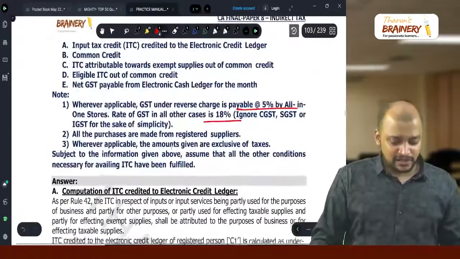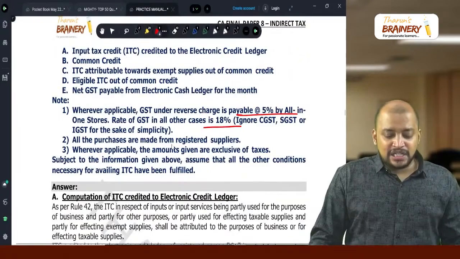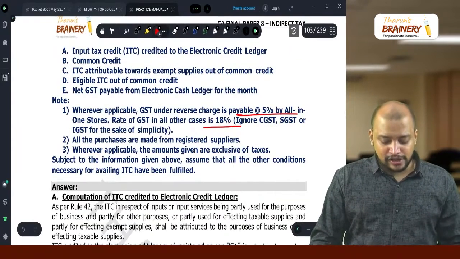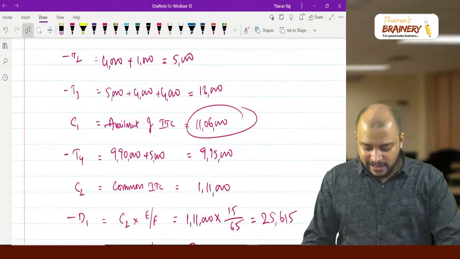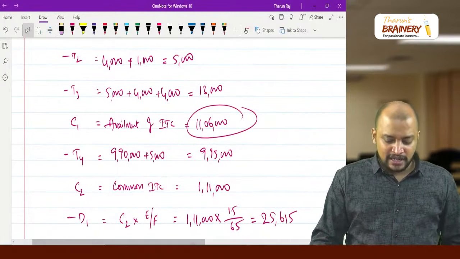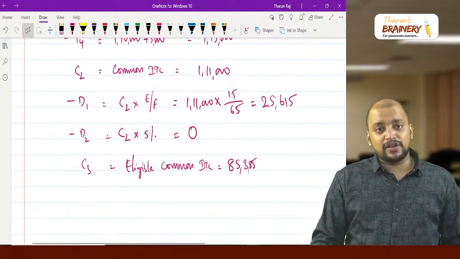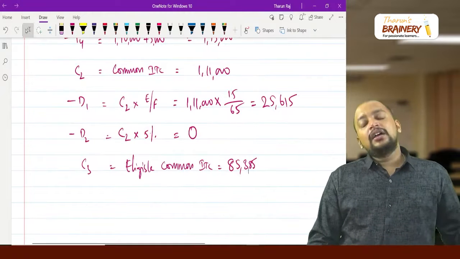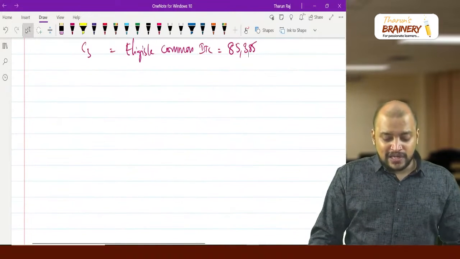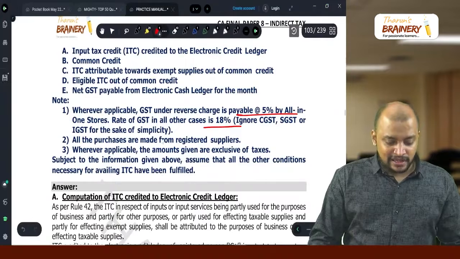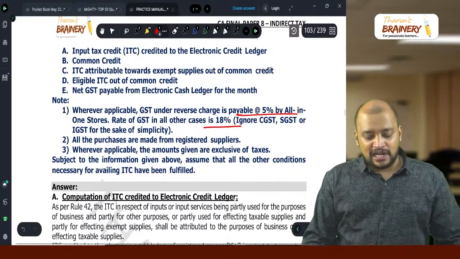Then the next question is eligible ITC out of common credit. That also we computed. What is that eligible ITC out of common credit? That is 85,385.